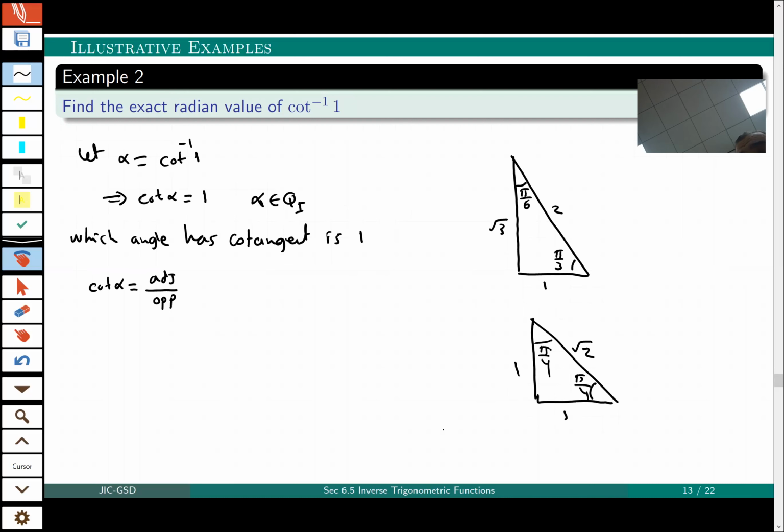So cotangent is adjacent divided by opposite. This will mean alpha is equal to pi over 4, which means cotangent inverse of 1 is equal to pi over 4.